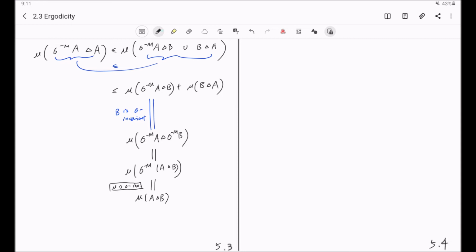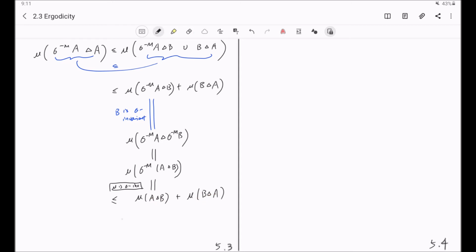Okay, now you know that this line is nothing but mu of the symmetric difference of A and B, and the mu of the symmetric difference between B and A. This is just twice of this, because symmetric difference is really symmetric.